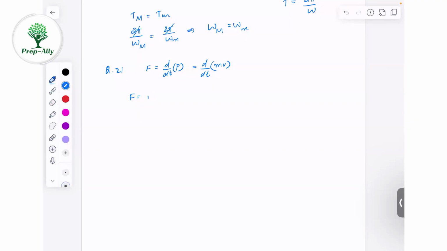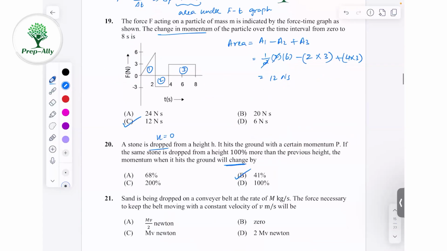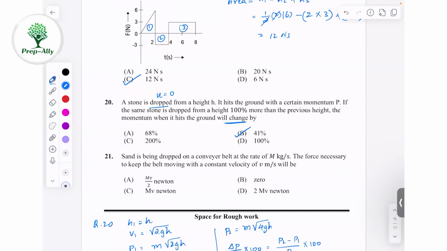Now, if we expand this, this is going to be m dv by dt plus v dm by dt. Here, velocity is constant. That is given in the question. That means the value of dv by dt is going to be 0. From here, we can conclude that F is just velocity into rate of change of mass of the body. Now, the question says that the mass is increasing on the conveyor belt at a rate of M kg per second.